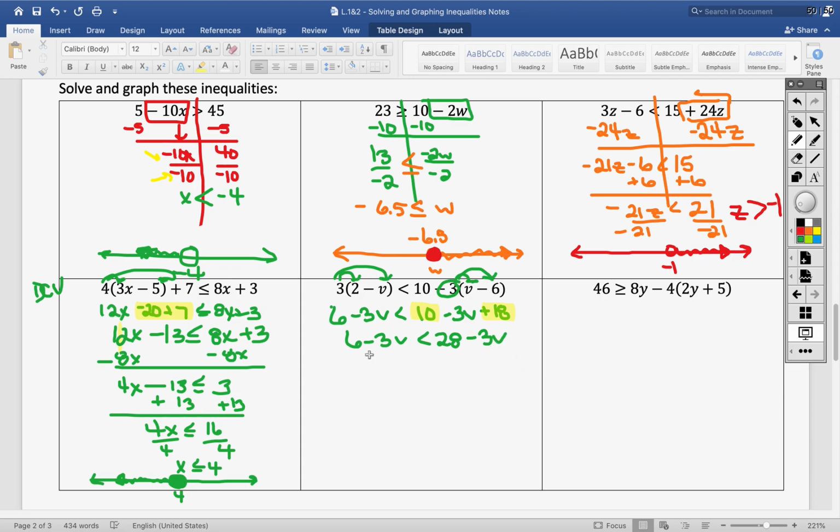Move our variable term to the left by doing the opposite operation. So this should kind of confuse you. You should be like, well, these are opposites, so they cancel. These are opposites, so they cancel. What do I have left? It says that 6 is less than 28.